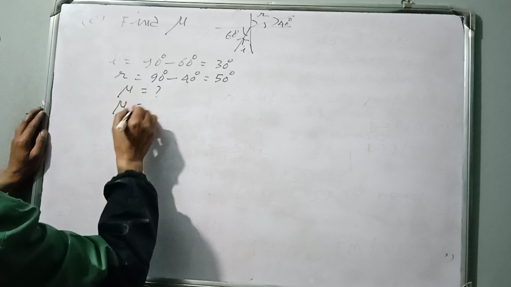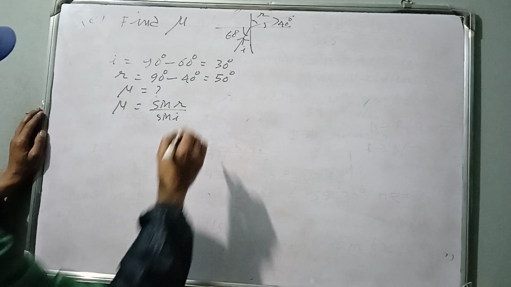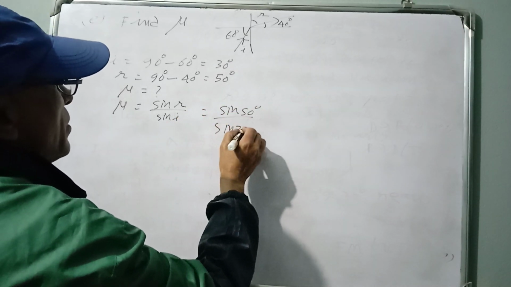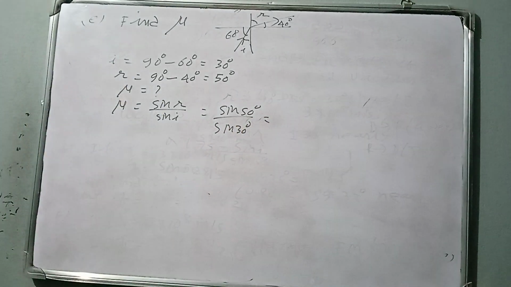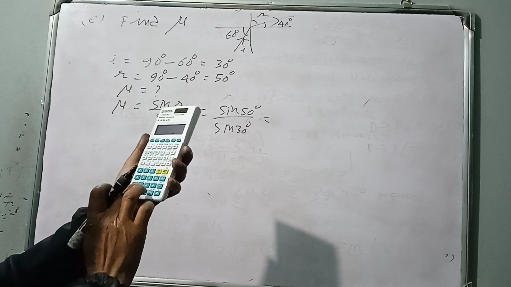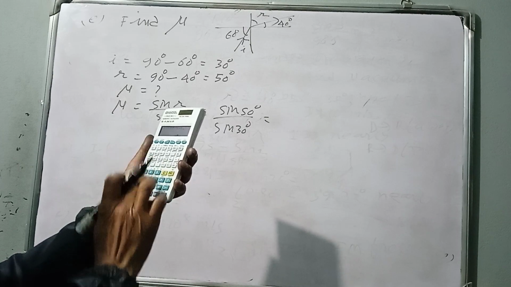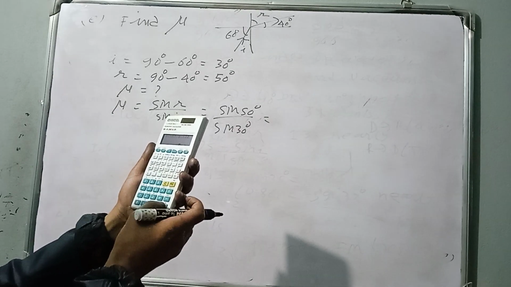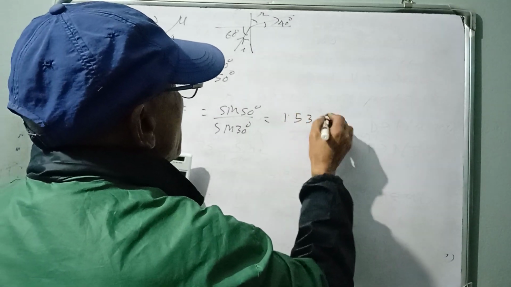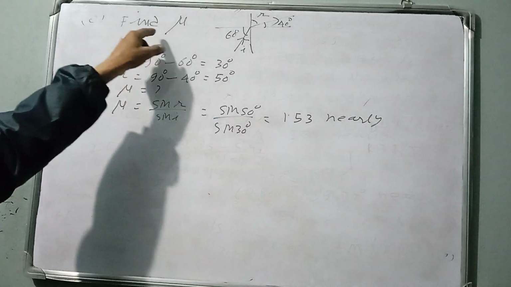We know mu equal sine R by sine I. Sine 50 degree by sine 30 degree. Directly or by putting the value. See, sine 50 degree divide by sine 30 degree. 1.53. 1.53 nearly. It may be a glass, a special type of glass.